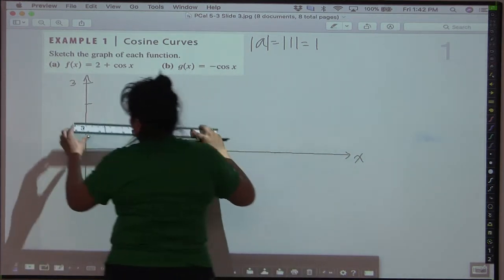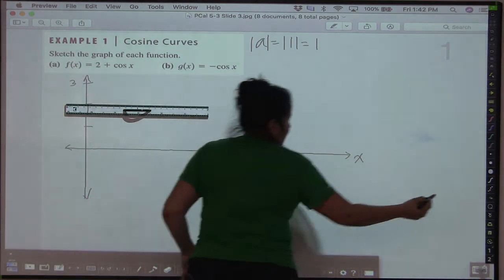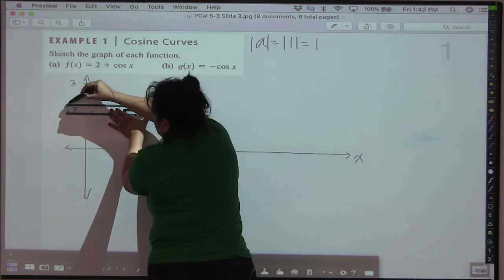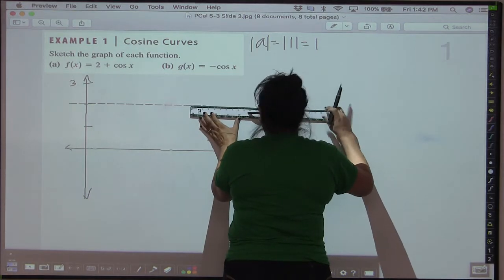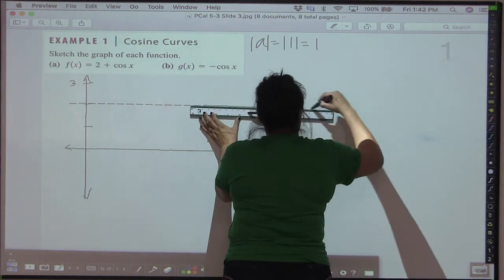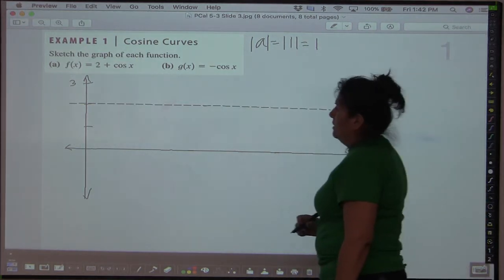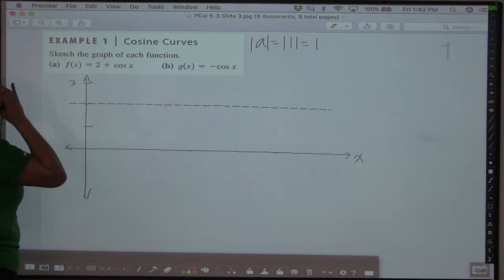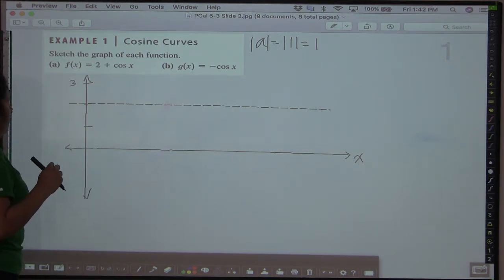So what I like to do is to go ahead and draw in a dashed or broken line that will represent my horizontal axis so that I don't have to get all crazy over here. All right, so that pretty much takes care of the +2 part. And then the cosine curve oscillates 1 unit above that middle.